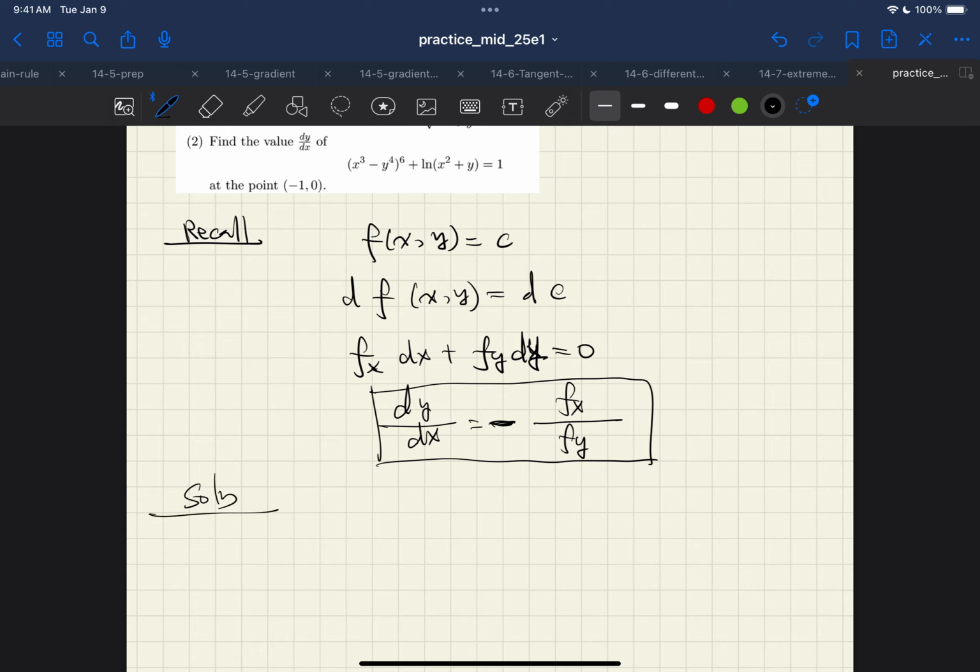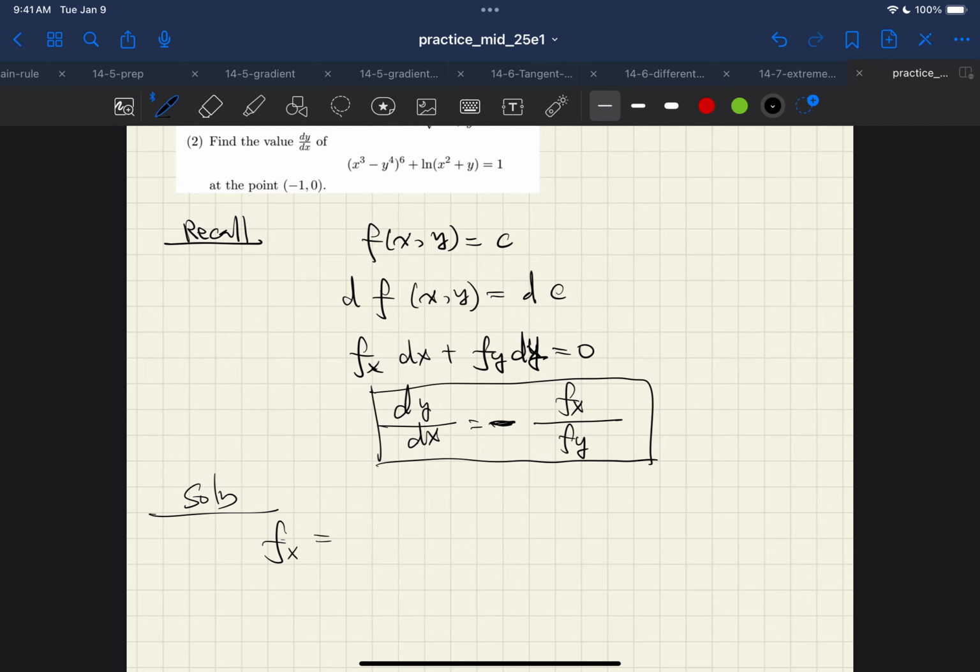To compute dy/dx, we need two quantities, fx and fy, and then just take the ratio. So what is fx?